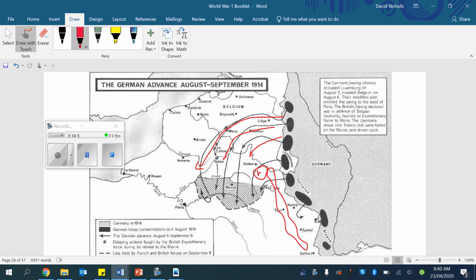And Joffre wanted to stick to Plan 17, and that meant, I'll draw that in blue for you, pushing through this center here all the way into Germany. Plan 17 theorized that yes, the Germans are probably pretty strong up here, and probably pretty strong down here, but there has to be a weakness to them.